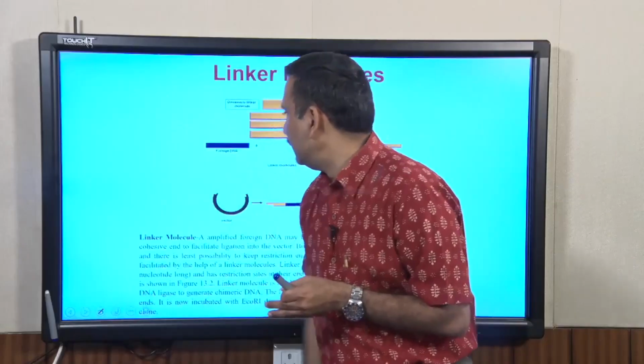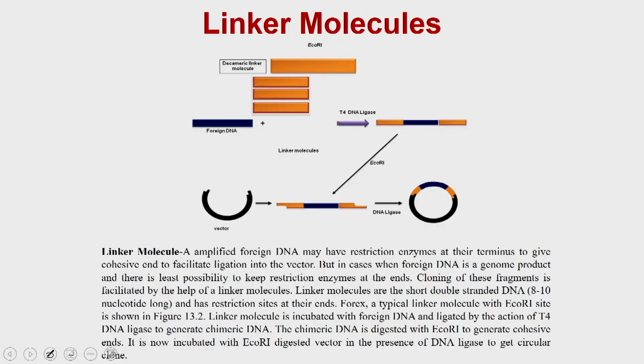One such molecule is called the linker molecule. A linker molecule is used in those conditions when you have a foreign DNA, but that foreign DNA does not have any restriction sites, so that you cannot generate the sticky ends or the cohesive ends.